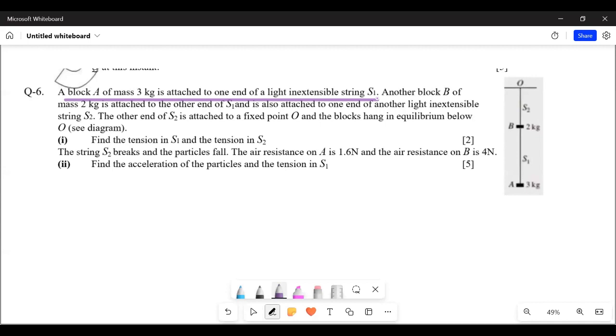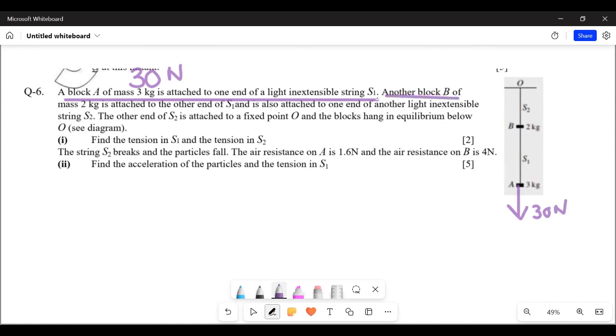Hmm. 3 kg downward. ठीक है, पर kg तो नहीं डाउनवर्ड होता ना, वेट होता है डाउन. What's going to 3 into 10. हाँ, So 30 Newton. Yes. So there's a 30 Newton force acting downwards at A.